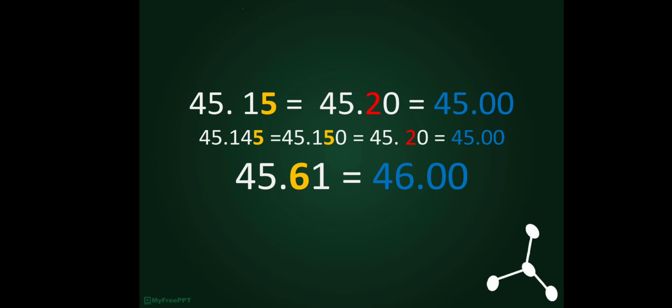Give 1 to the first number, which is 1 also, so it will make it 2. So from 45.15, magiging 45.20 siya. So from 45.20, hindi na ma-convert. Here, we cannot round it off any further. So it will be 45, a whole number.